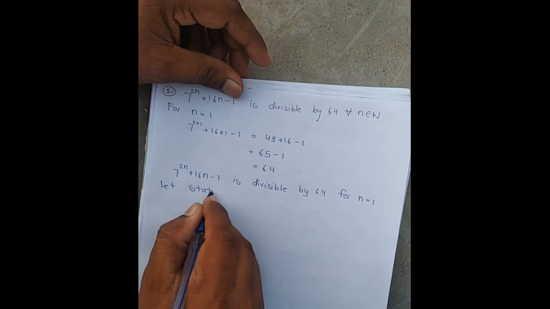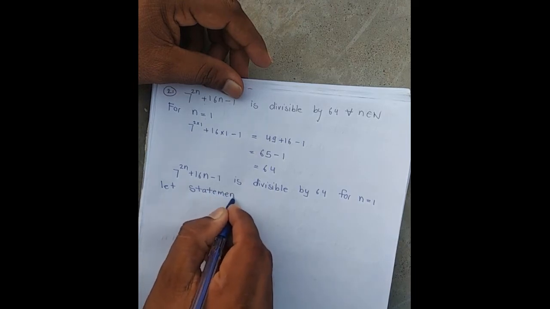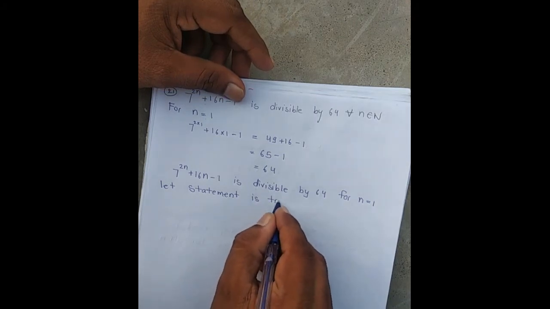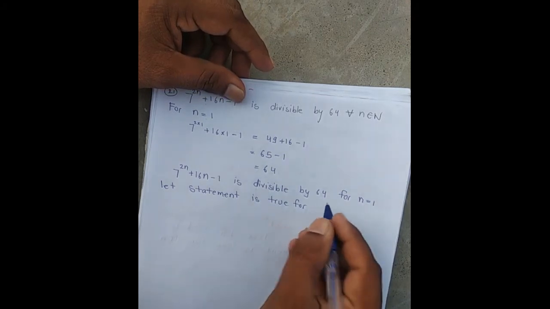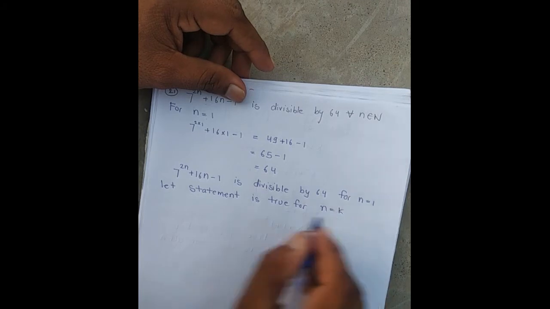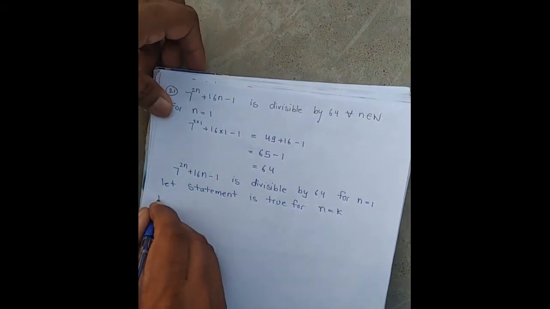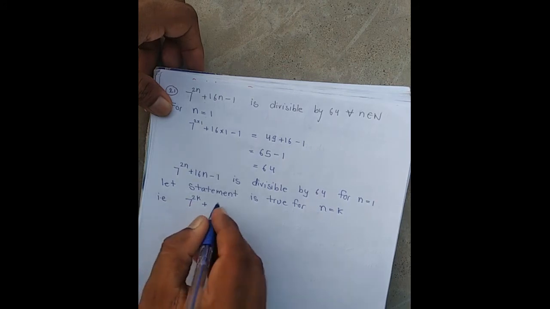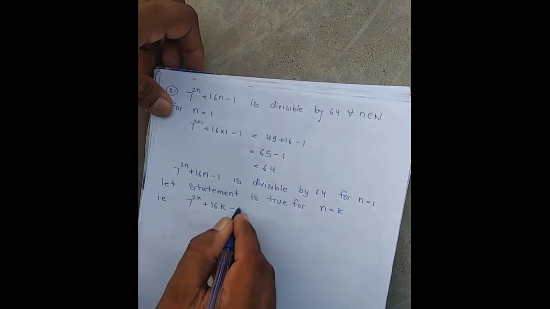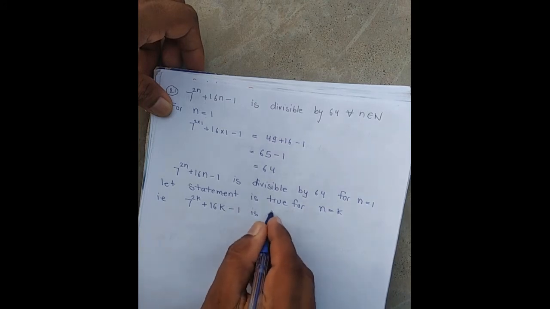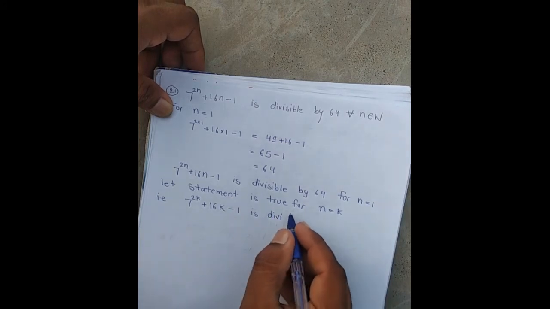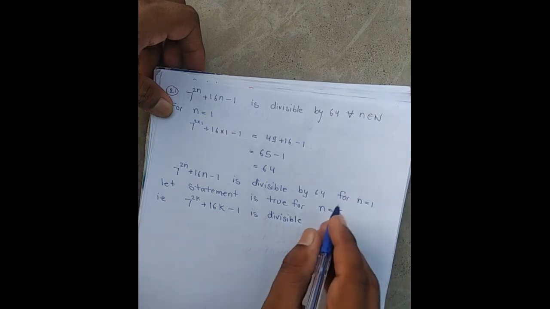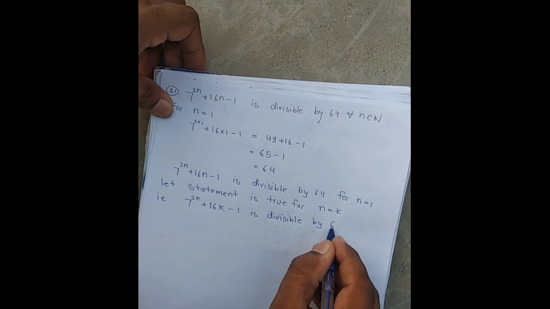Now second step, let the statement be true for n equal k, means that 7 to the power 2k plus 16k minus 1 is divisible by 64.